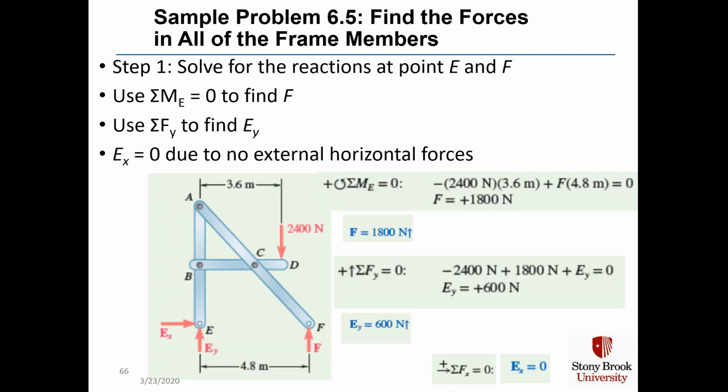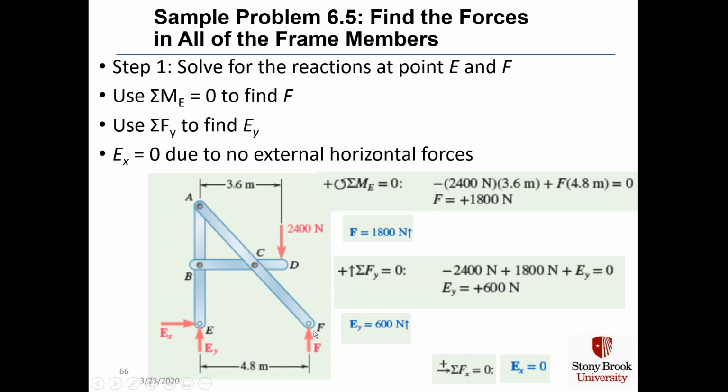First, we're going to find the reactions at points E and F. By summing the moments around point E and setting that to 0, we can find F. We have this minus 2400 Newton external force, which wants to act clockwise around point E at a perpendicular distance of 3.6 meters.